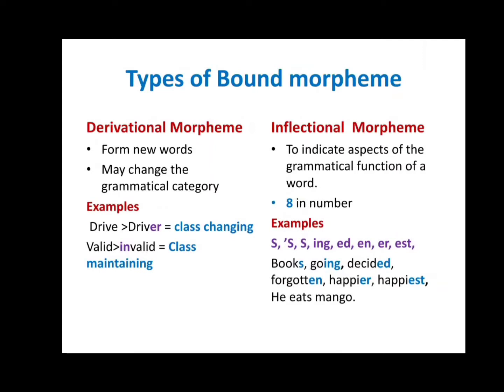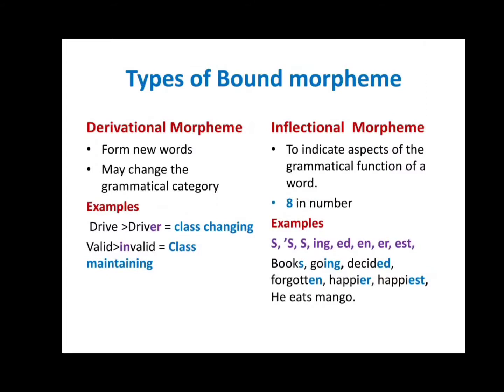Valid changes into invalid. Valid is an adjective and invalid is also an adjective. This is class maintaining. Another example, valuable is an adjective and invaluable is also an adjective. This is also class maintaining.